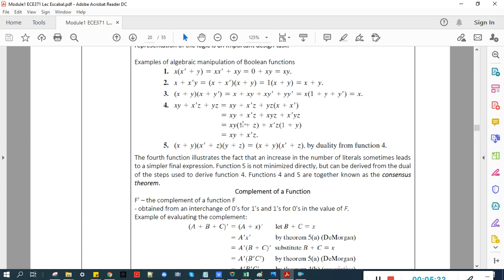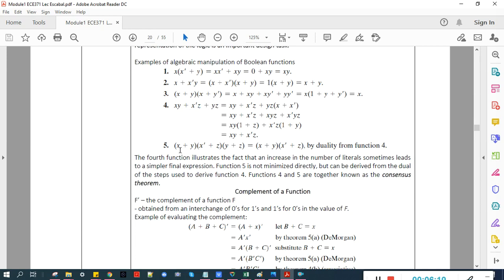Anything that is ORed with 1 is 1, so this is 1, this is 1. What remains is xy + x'z. So what happened? yz is eliminated. So xy + x'z + yz is just equal to xy + x'z without the yz.